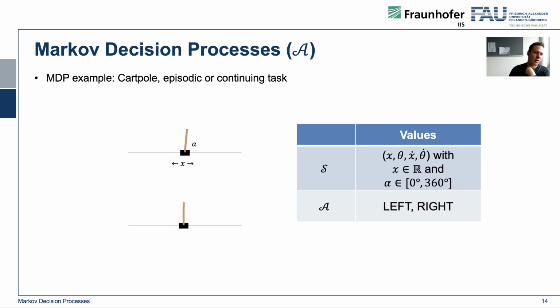This is the angular velocity. Then you define, for instance, just the actions going left or going right. And if you have this representation of states and actions, and of course your probability transitions or the dynamics of the system, you can come up with a controller that stabilizes the pole.